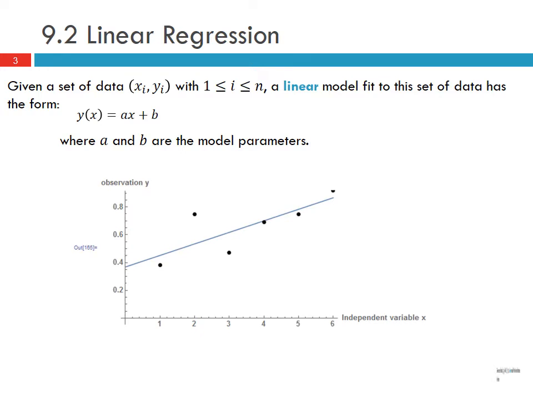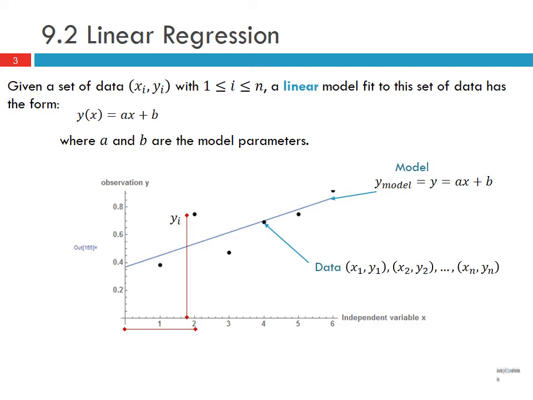So if we have some data here with our linear model fit, the black dots here are the data of the form xi, yi, so x1, y1, x2, y2, up to xn, yn. The blue line here is the model of the form y is equal to ax plus b.